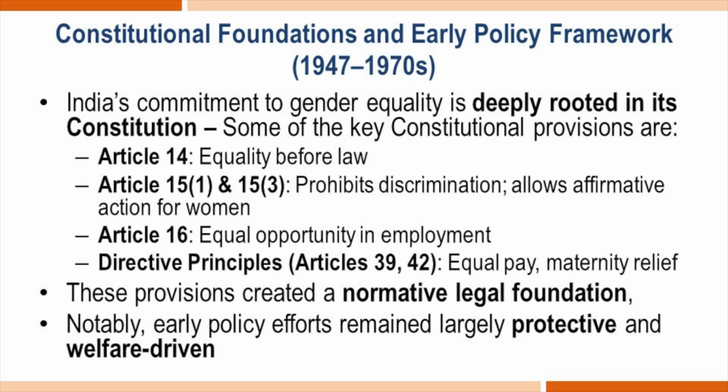Article 16 in the Constitution talks about equal opportunity in employment. And more importantly, in the directive principles, Articles 39 and 42 talk about providing equal pay, maternity relief to women, and so on and so forth.